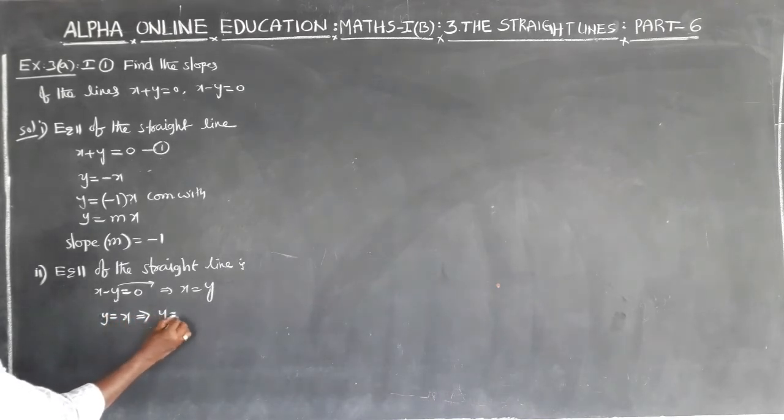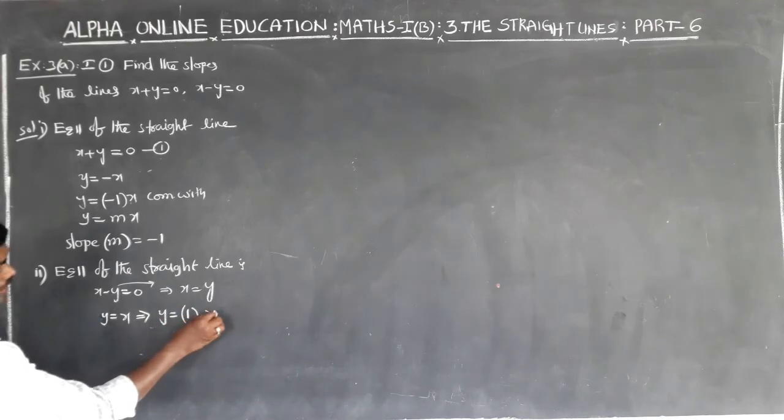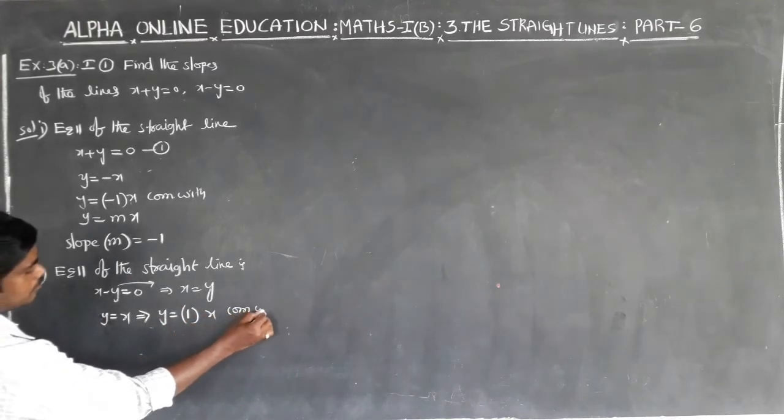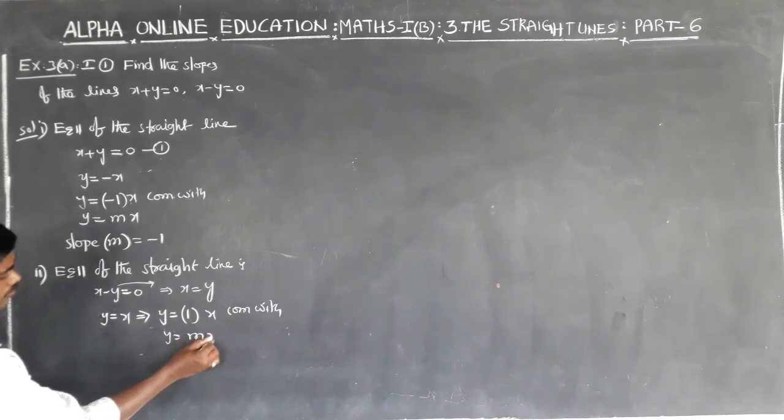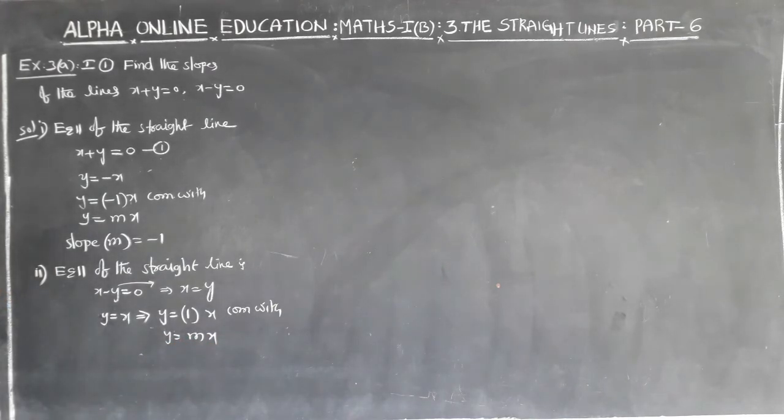Y is equal to x, write 1 into x. Comparing with y is equal to mx, here m is equal to 1. So, slope m is equal to 1. This is the first problem.